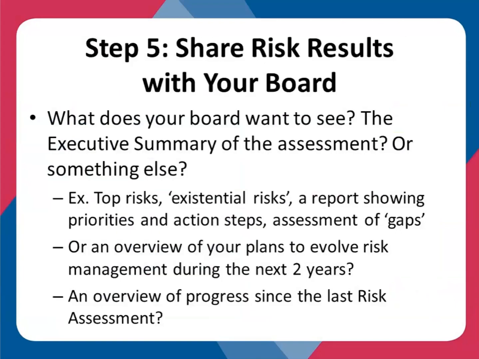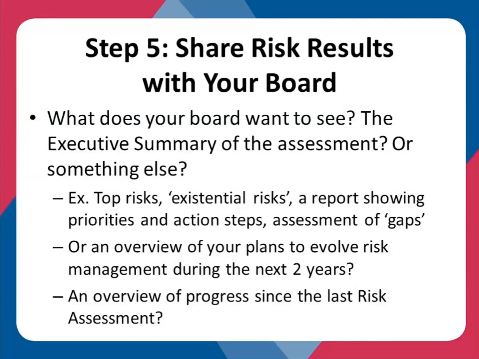So another thing to think about as you're implementing step number 5, which is to share the results with your board, is to think about, what does the board want to see? What do they have an appetite for? What makes sense? Do they want to see a report that shows our priorities? Do they want to see the action plan showing the things we're going to do as a result of this risk assessment?